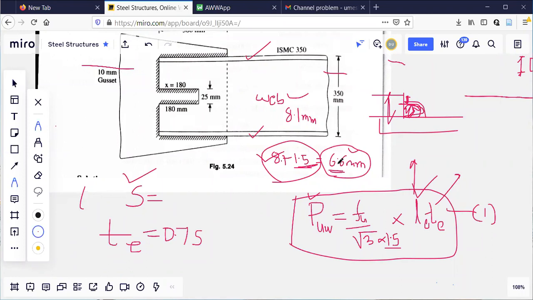Okay. Now since the maximum is this, I will assume 6 mm. S is equal to 6 mm. You may ask me, if I use 4 mm or 5 mm, what will happen? That is also a correct answer, because it should not be more than 6.6 and it should be a round number.